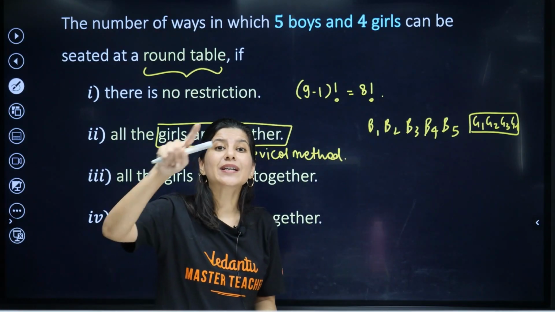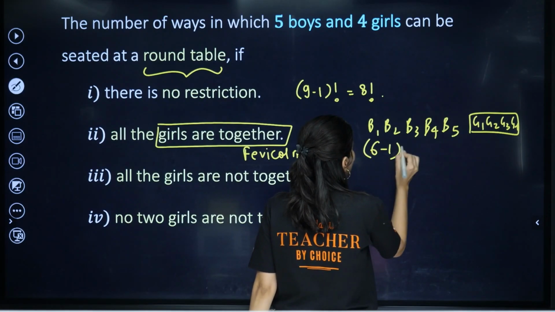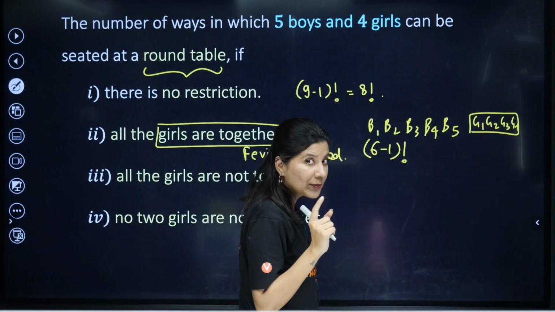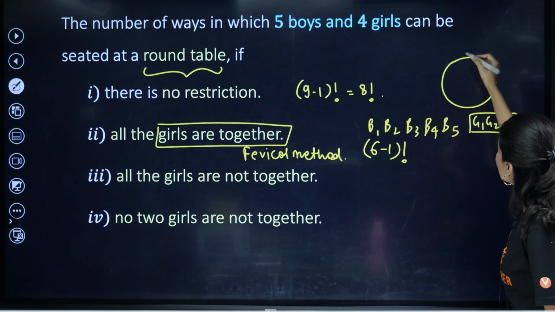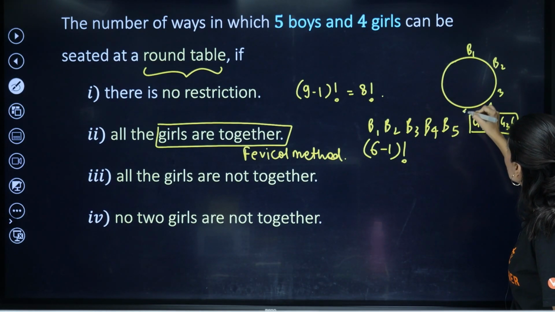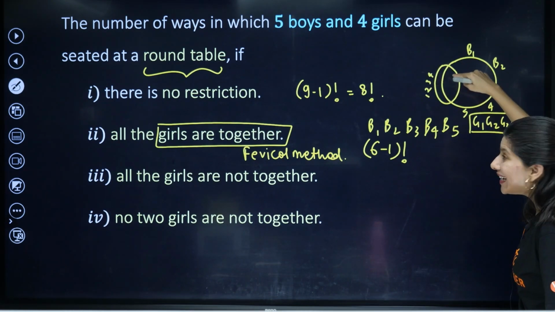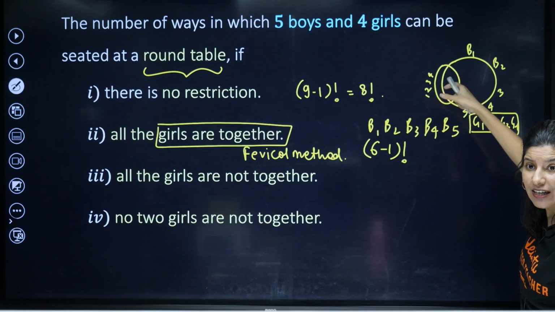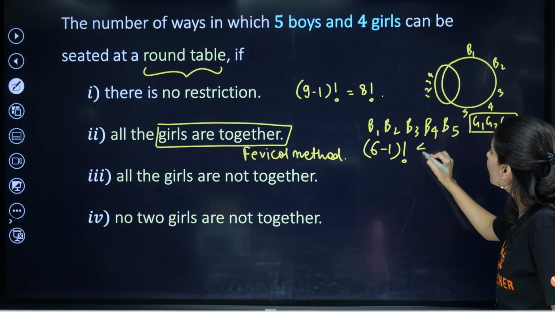Now again you have to arrange in a circular manner, so for 6 you have (6 minus 1) factorial first of all. But even if they are together on a round table, they can still shuffle among themselves, right? That can be done by 4 factorial.